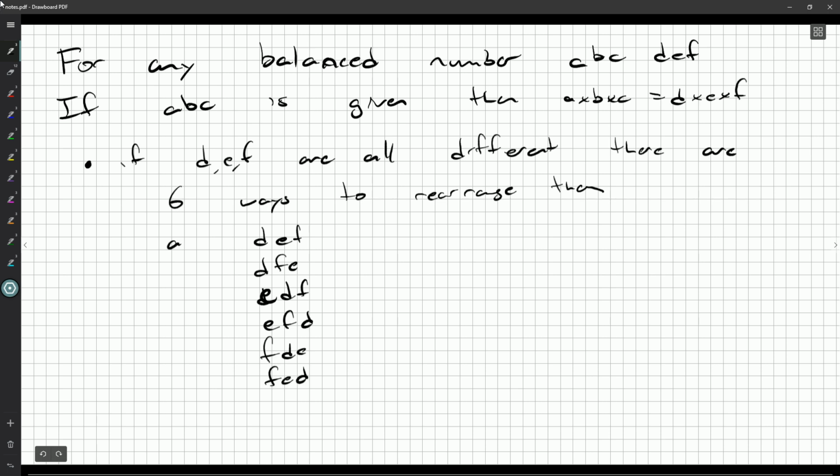And all of these can be preceded with ABC. But if the D, E, and F are all different, these are going to be 6 different numbers. And we don't want that. So when we pick our B and our C, we're going to want to make sure that there's no way to write A times B times C, that is to say 4 times B times C, because they told us the first one's 4, using 3 different digits.